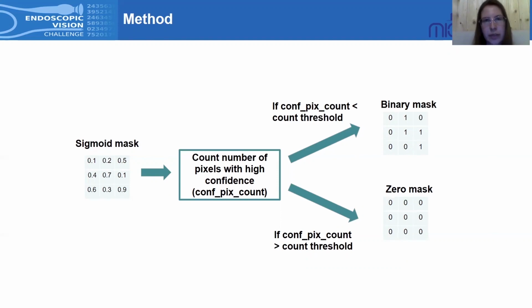And if this number was lower than some threshold, I output just a 0 mask. In another case, I convert the sigmoid mask to a binary mask. Then I took all binary masks from each model and concatenated them to make the final prediction.